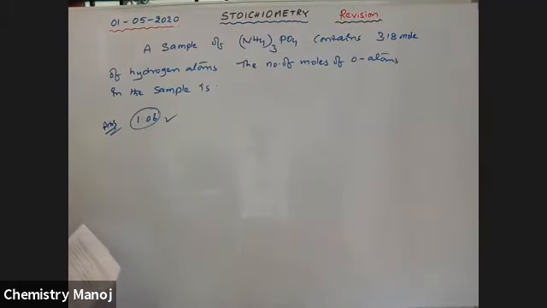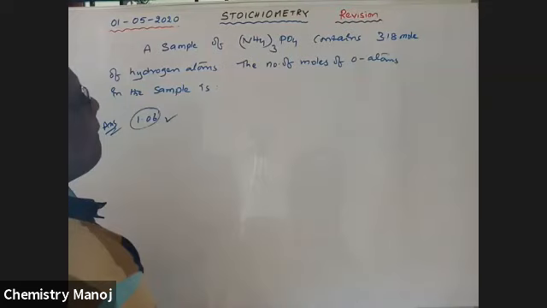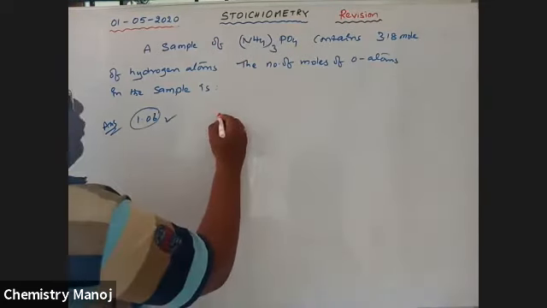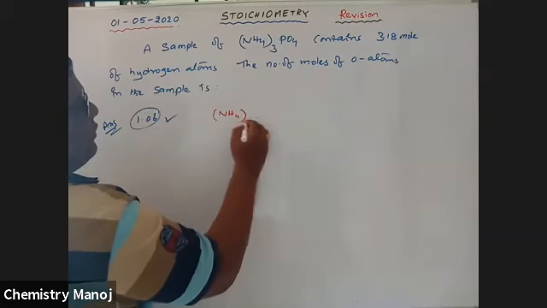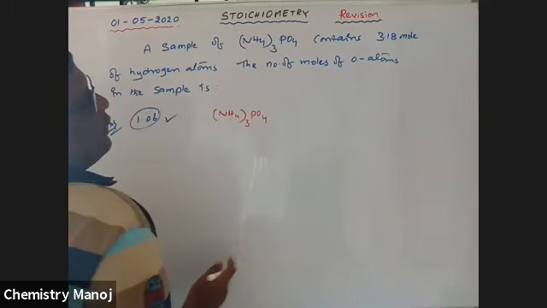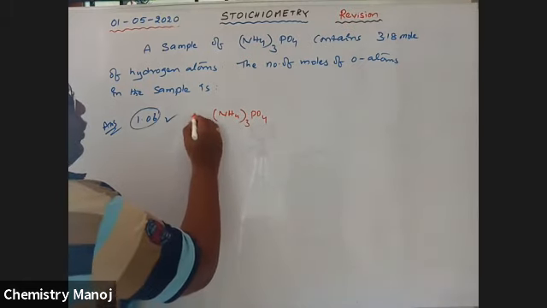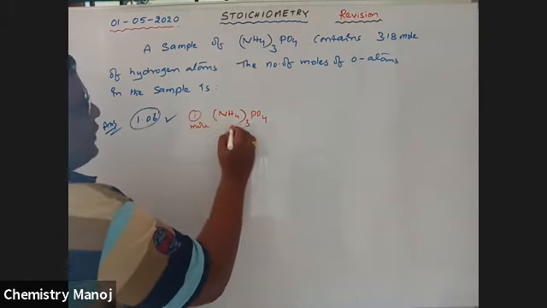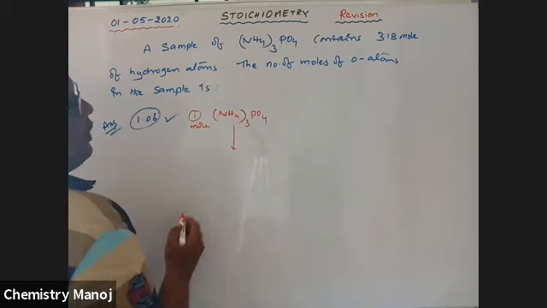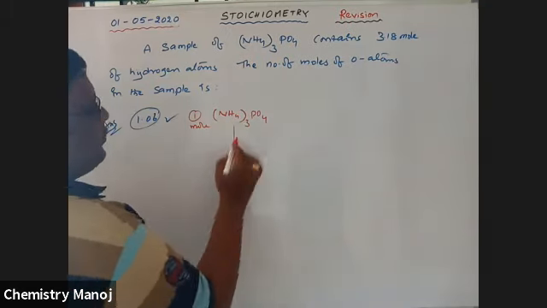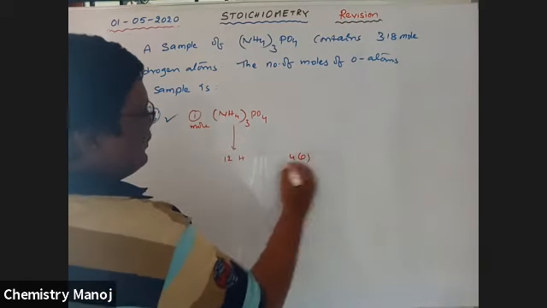How is this? See here, ammonium phosphate. Here hydrogens and oxygens are compared. 1 mole of ammonium phosphate contains how many hydrogens? 4 times 3, 12 hydrogens, and 4 oxygen atoms.